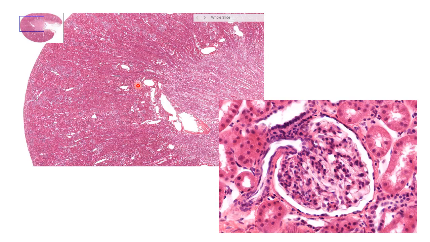We can also see between the renal corpuscles these areas of striation, which are called the medullary rays. This is a higher magnification of one corpuscle, and it's very evident here.